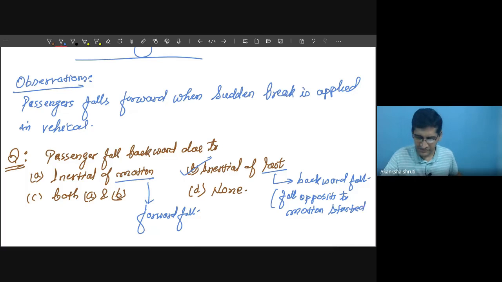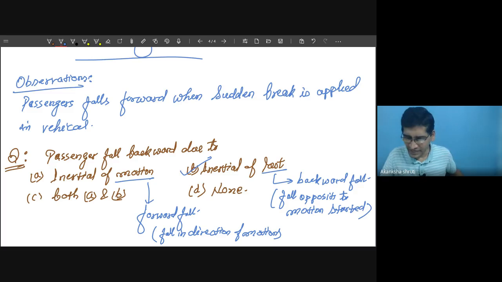Here it's a fall in the direction of motion. Already the motion is going on in the same direction, so it will fall.